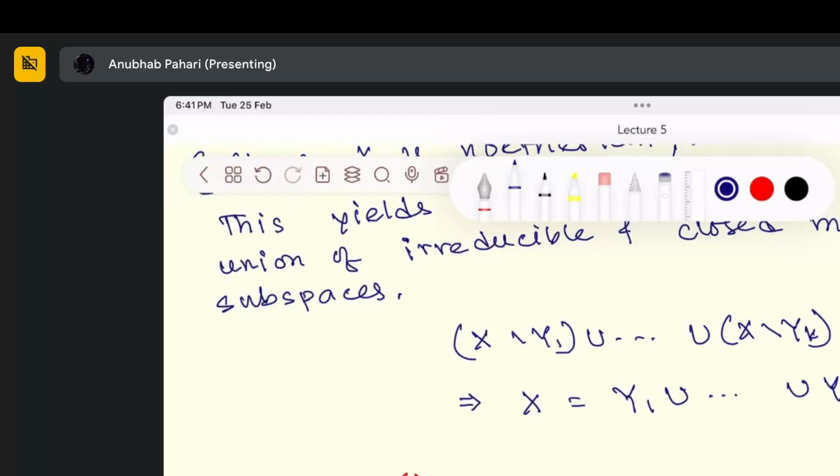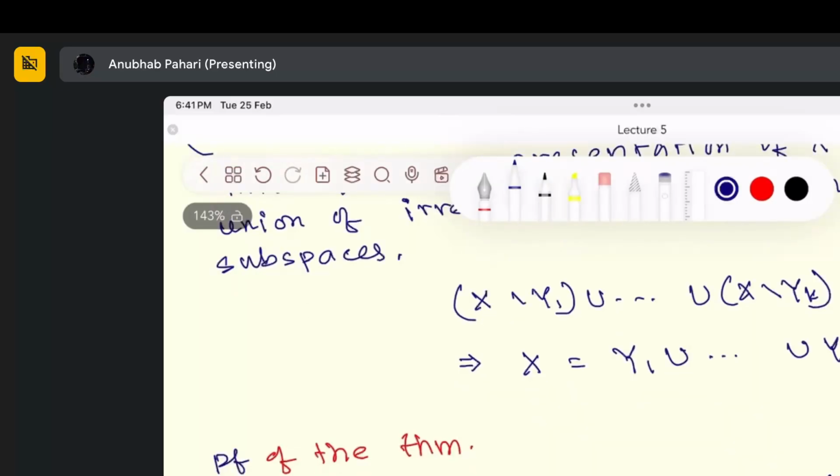So we know that there is a one-to-one correspondence between these radical ideals and varieties, these closed subsets.